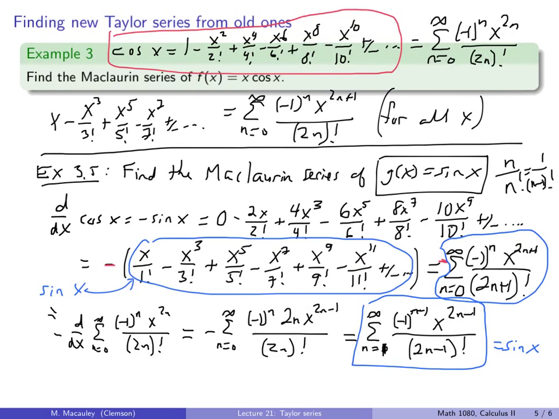So we have a formula for the derivative of this term by term. That formula really only works if n is not 0. Because if n equals 0, what's negative 1 factorial? That doesn't make sense. And if n equals 0, we can ignore that anyway because the n equals 0 term is just a constant.